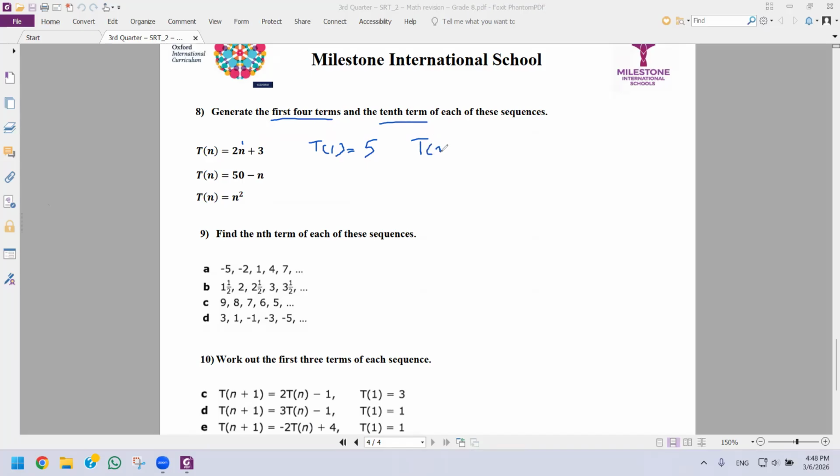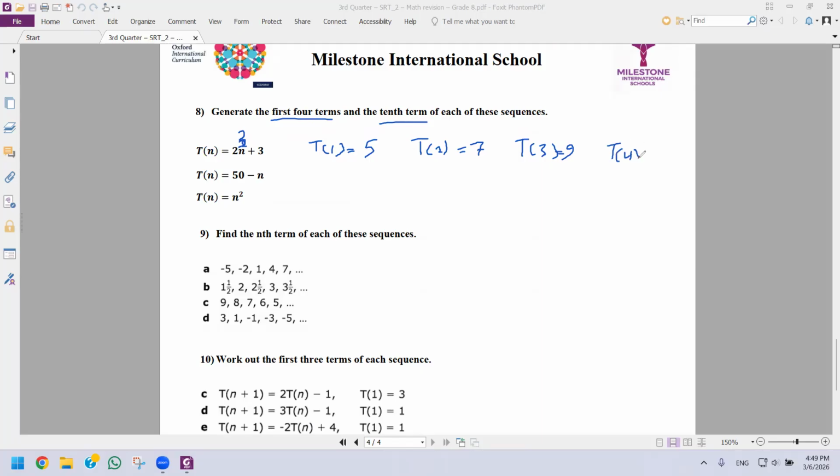Now second term, T2. You do 2 times 2, 4 plus 3, 7. Then you do 3. 2 times the 3, 6 plus 3, 9. So T3 is 9. And then 4.